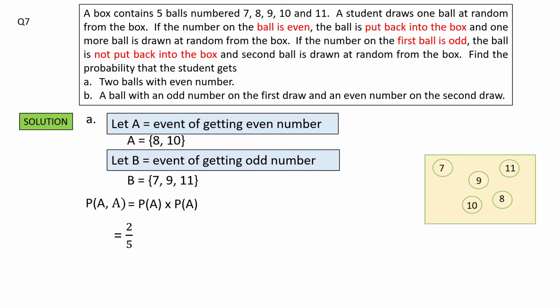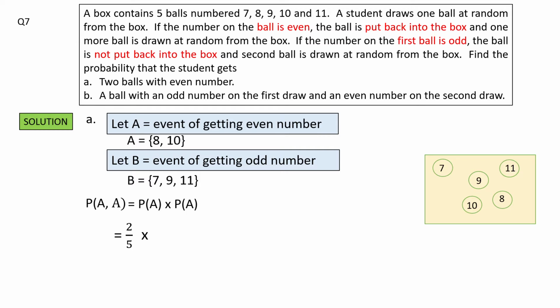Now remember, if the number on the ball is even, the ball is put back into the box. That means for the second draw, we have 5 balls in the box, and out of 5, we have 2 even numbers.